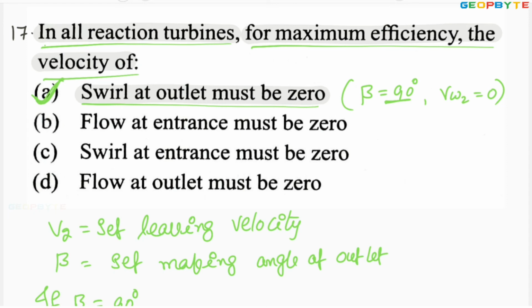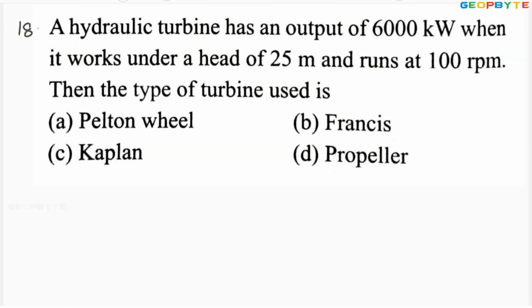Let us take another problem. A hydraulic turbine has an output of 6000 kilowatts when it works under a head of 25 meters and runs at 100 rpm. Then the type of turbine is, dear friends, decided only by specific speed.